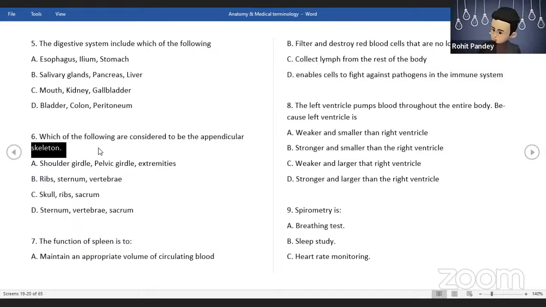You have to answer this question because I already taught you. A, shoulder girdle, pelvic girdle, extremities; B, ribs, sternum, vertebrae; C, skull, rib, sacrum; D, sternum, vertebrae, sacrum.